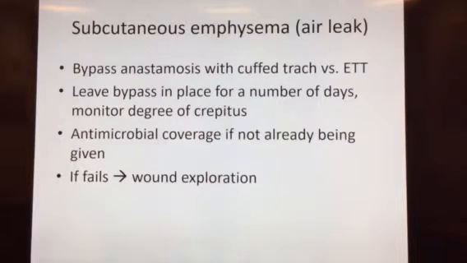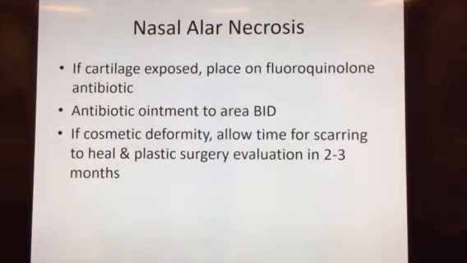You want to monitor the degree of the crepitus that your patient's experiencing. If they're not already on antimicrobial coverage, we would recommend starting some. And then finally, if that option fails, you do need to go in and explore the wound and revise your anastomosis.